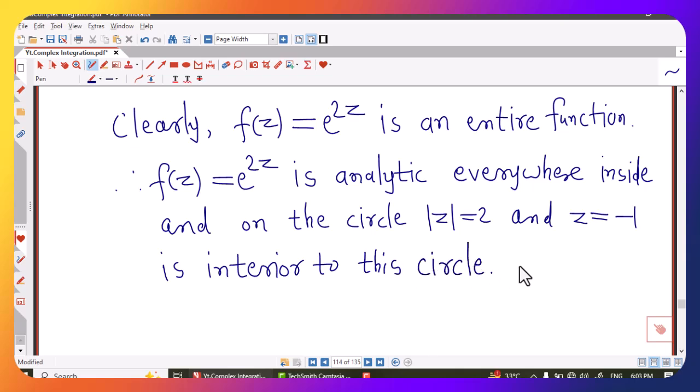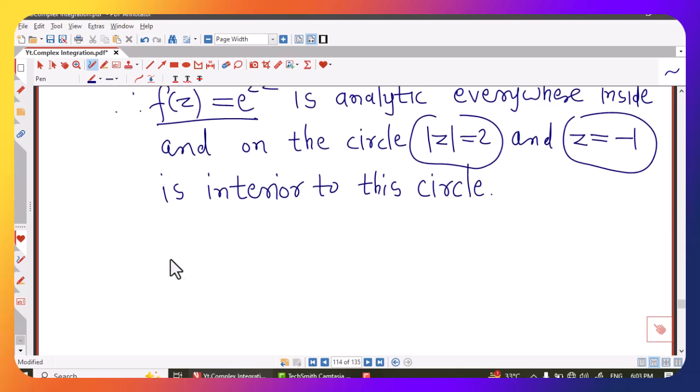So we have written that requirement for applying Cauchy-integral formula is satisfied. Function is analytic everywhere inside and on simple closed contour, and this point is interior to this simple closed contour.